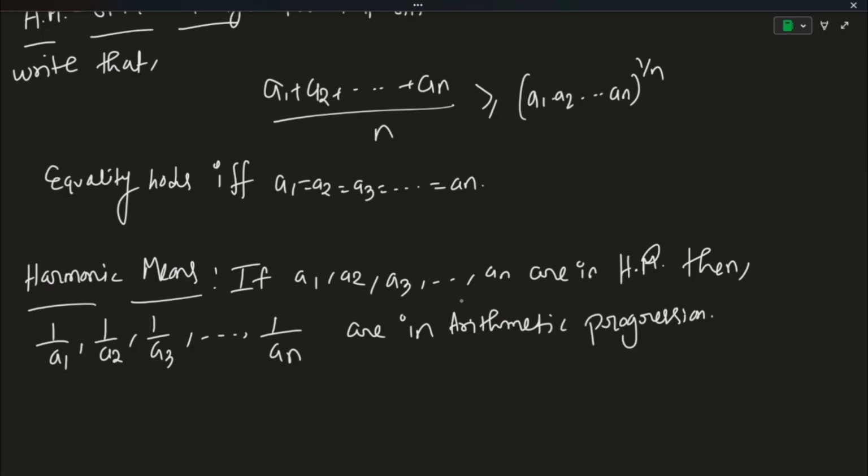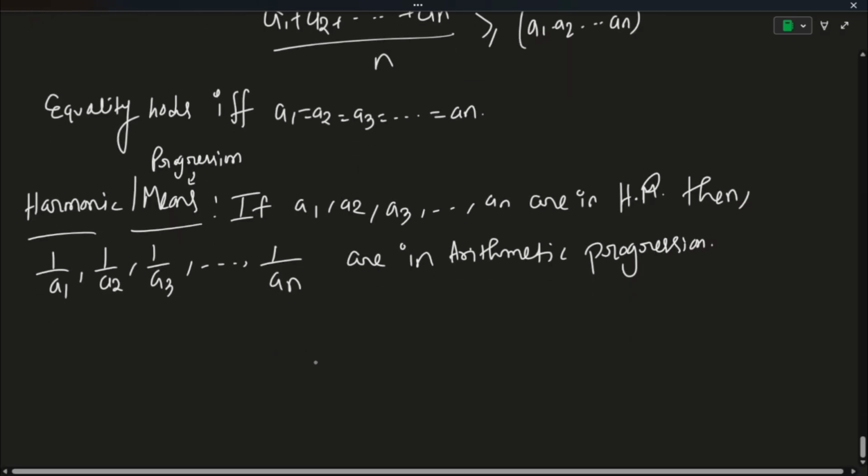Whenever you are given a harmonic progression problem, you can simply say that the reciprocals of those numbers are in arithmetic progression and then solve it using arithmetic progression. You do not need to apply anything regarding harmonic means, right?